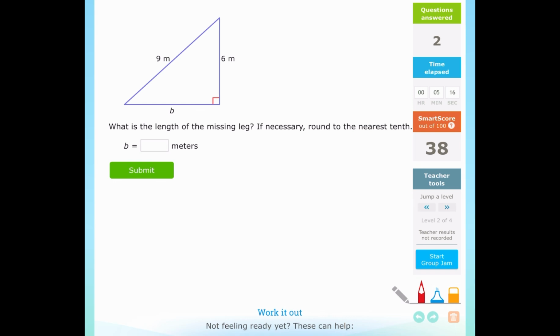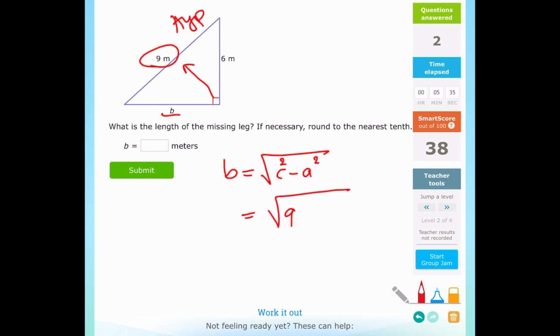In this problem, we have to find the missing side B, which is the base. So B equals the square root of C squared minus A squared. C is 9 because the hypotenuse is the side that is opposite to 90 degrees. So the square root of 9 squared minus 6 squared.